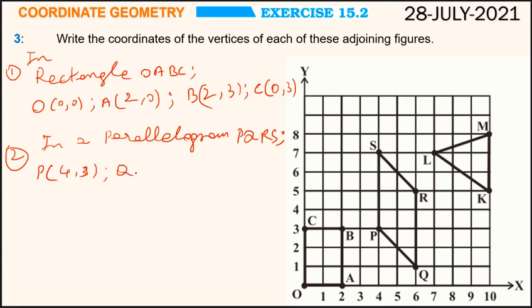Then Q: 6 x coordinate, 1 y coordinate, so 6 comma 1. R: 6 x coordinate, 5 y coordinate, so R is 6 comma 5. S: 4 is the x coordinate, 7 is the y coordinate, so 4 comma 7 is the coordinates of S.